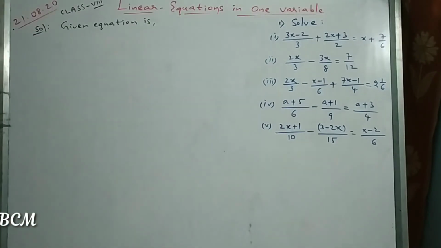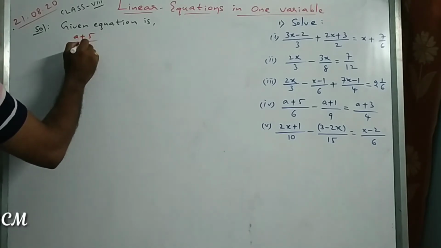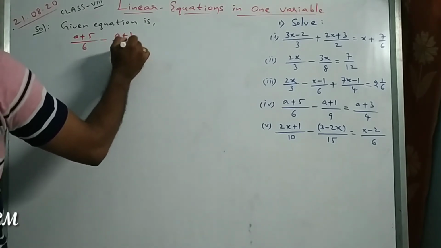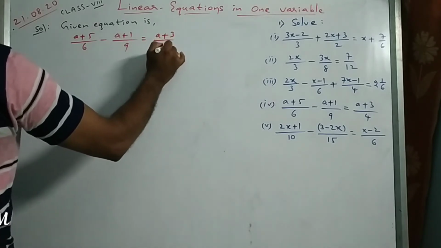We had this type of problems in 7th class already. So a plus 5 upon 6 minus a plus 1 upon 9 equal to a plus 3 upon 4.